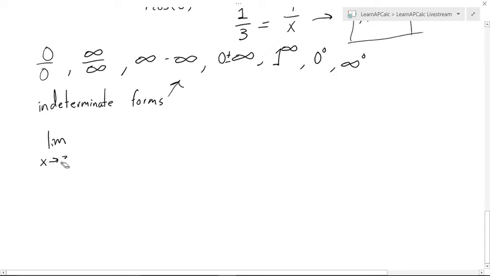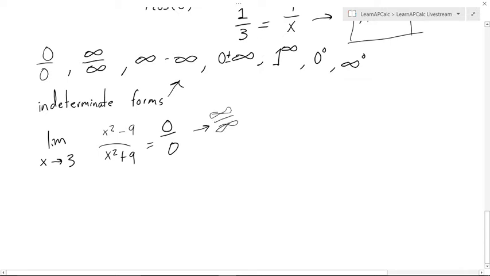Limit as x goes to 3 of x squared minus 9 over x squared plus 9. For this one, we always do direct substitution first, and we get 0 over 0. An important note about 0 over 0 is that this is also infinity over infinity.